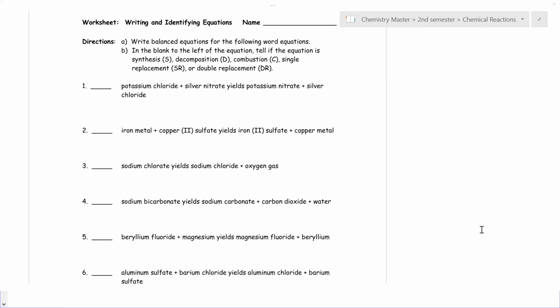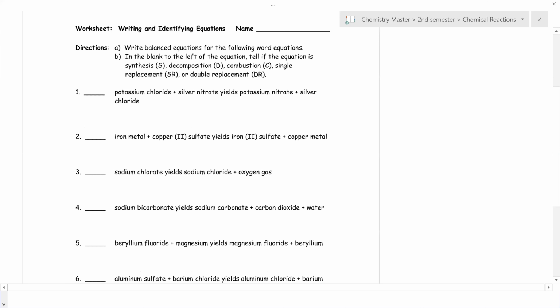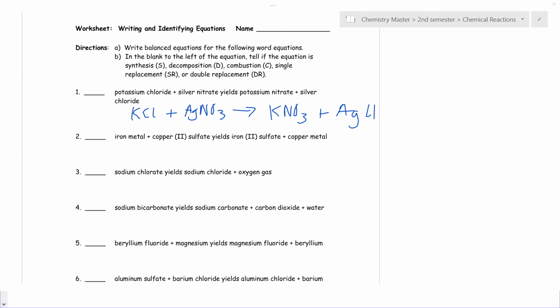KCl plus AgNO3 yields KNO3 plus AgCl. Double. Excellent. Everybody see that that's double? Questions? Good. Okay.